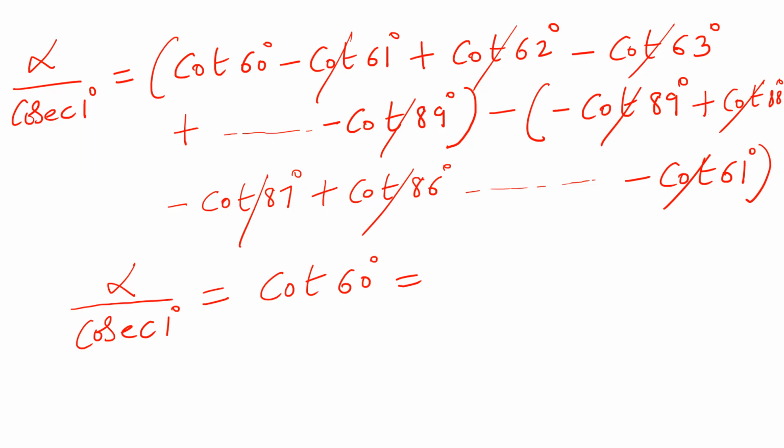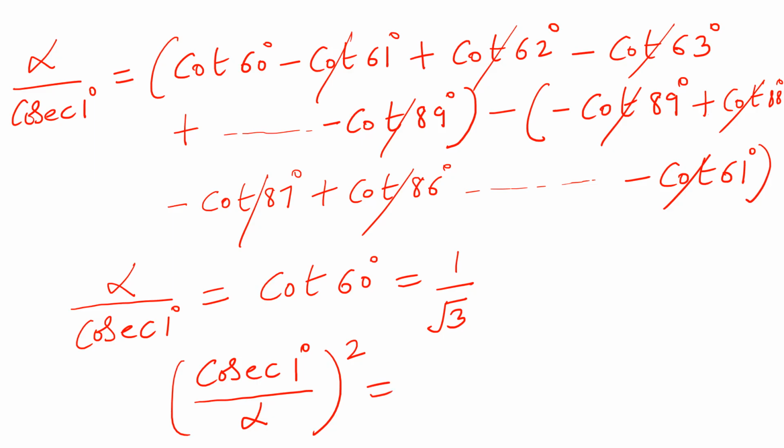And cot 60 degree is 1 upon root 3. So that means I can write (cosecant 1 degree upon alpha) whole square equal to 3. So students, 3 is the correct answer of this question.